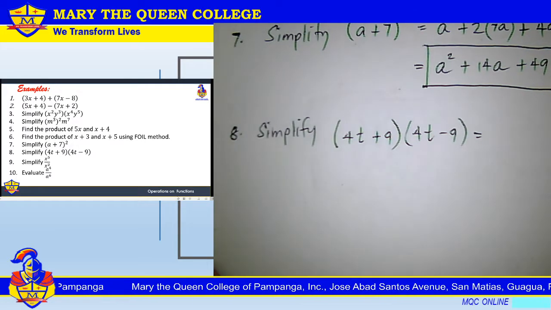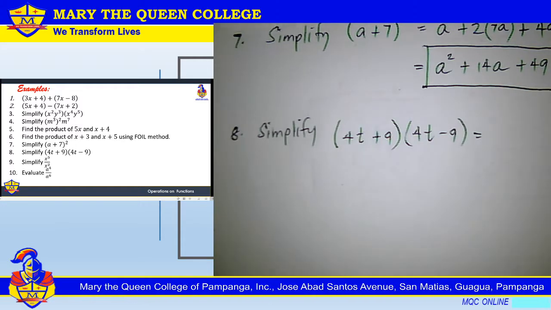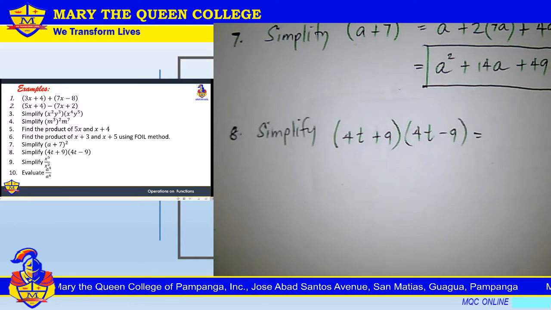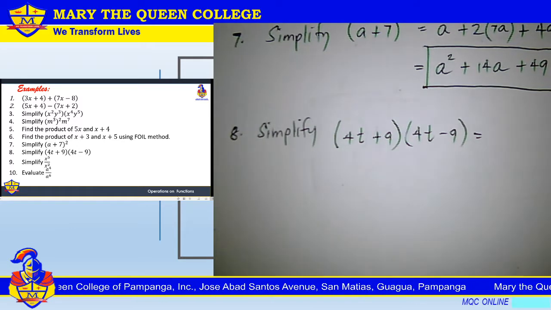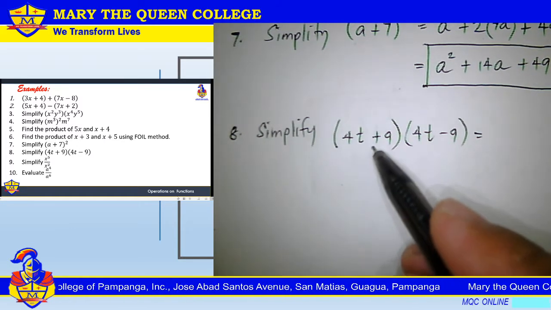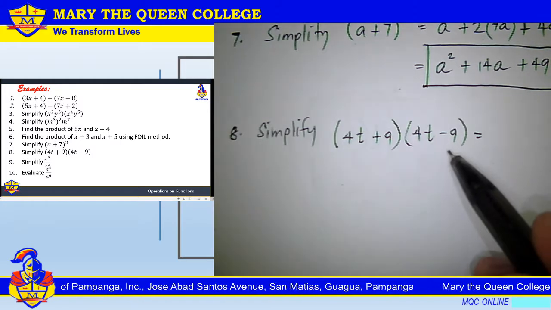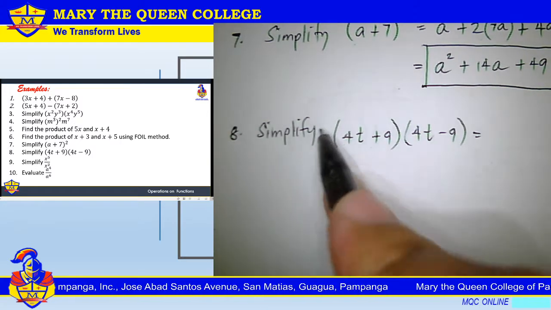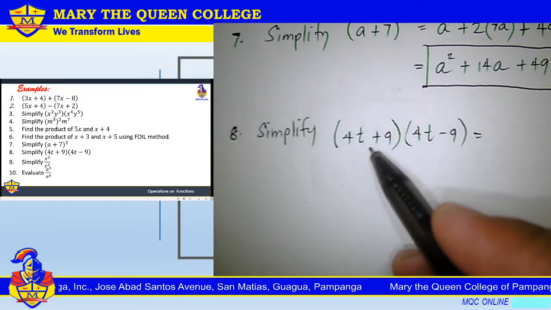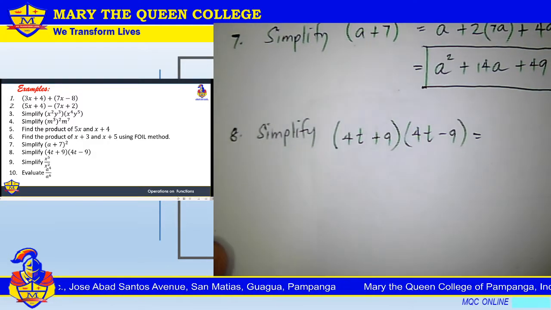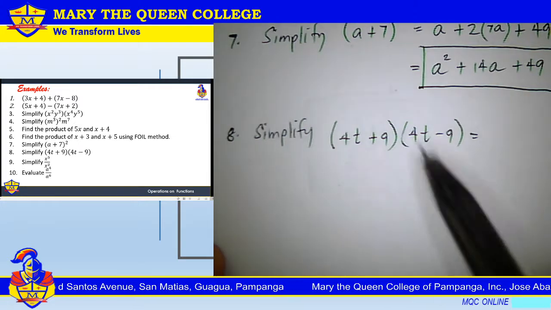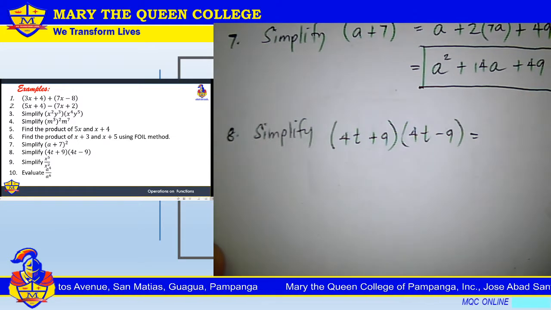Okay, very good. So this is also one of the special products. Okay? So this is called the product of sum and difference. The product of sum and the difference. Okay? Yung produkto doon nila kapag minultiply mo yung sum tsaka yung difference. But again, this is only applicable if the binomials are the same. Okay? Para hindi po kayong malito.